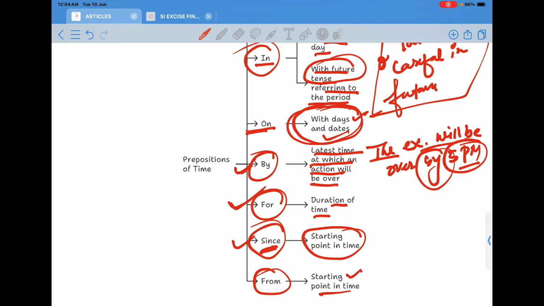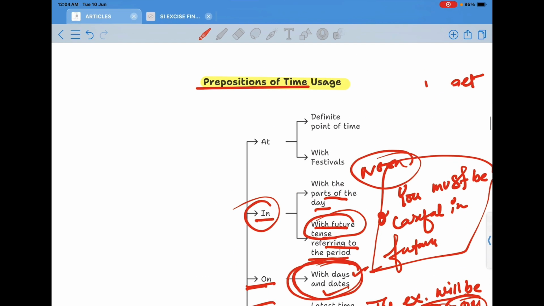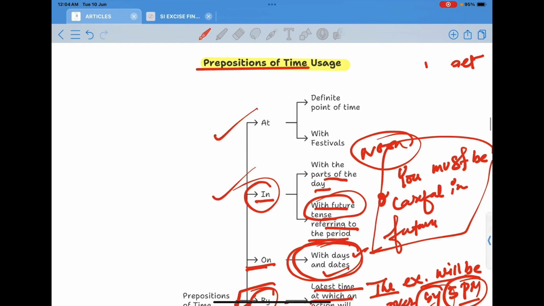For example, the water came from a spring. She came from USA. Basically from refers to the starting point of action, when that particular action started. So remember this fourth thing: by, for, since, from. And also this in, at, on.